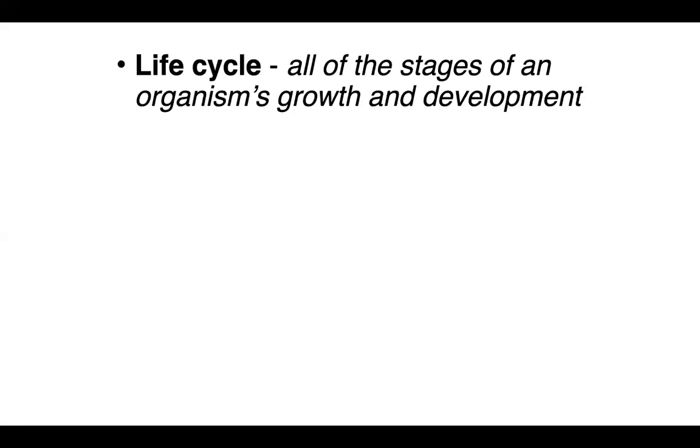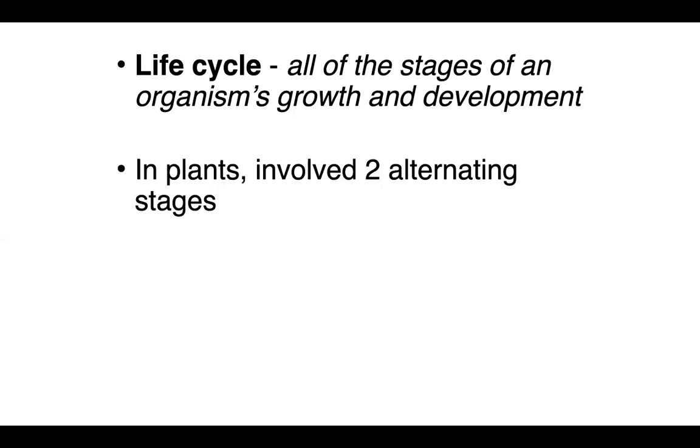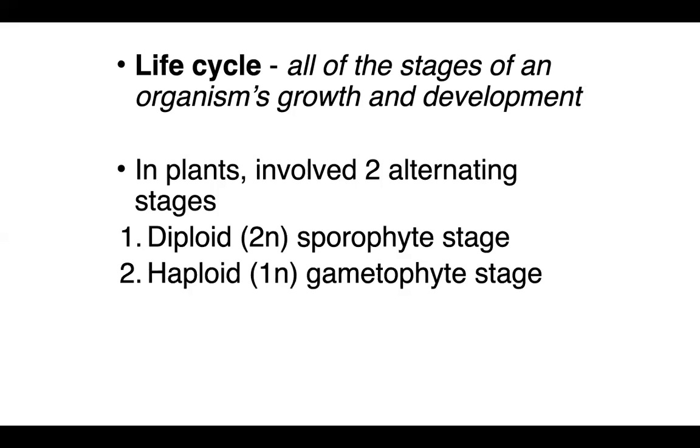Okay, so the first thing we want to remember is that a life cycle is all of the stages of an organism's growth and development. And for plants, that involves 2 alternate stages. I want you to keep in mind that for each individual plant, it doesn't mean that they go back and forth in their entire life, like between the sporophyte and the gametophyte stage.